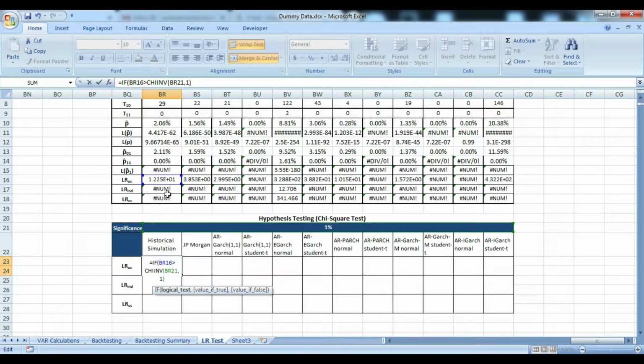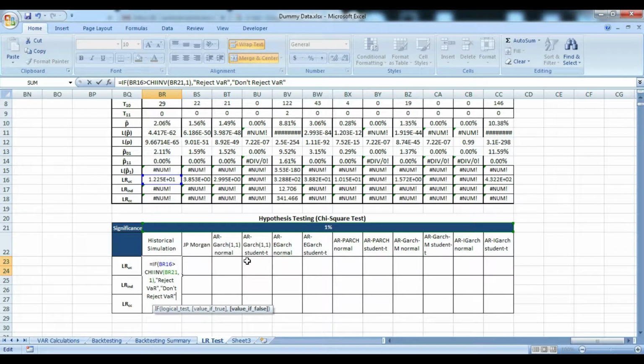Say IF BR16, which is LRUC, is greater than chi inverse of 1% significance level with degrees of freedom of 1, then give me reject VaR, otherwise don't reject VaR.